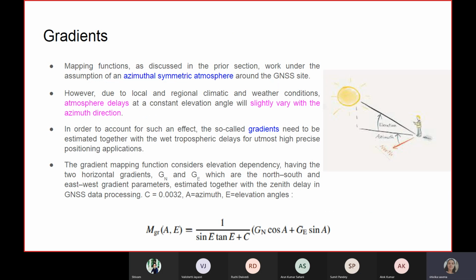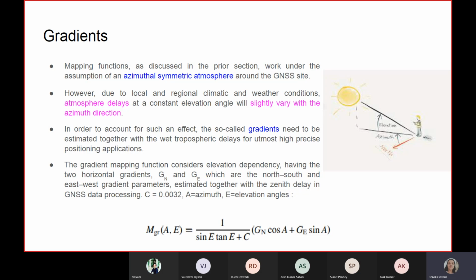So the mapping function, I told you, you associate with the elevation angle of the satellite. In this figure, it is clear what the elevation angle and the azimuth angle are. While computing the mapping function, we are assuming that there is symmetry in the azimuth direction. The water vapor situation is not changing as you move from north to south, east to west.